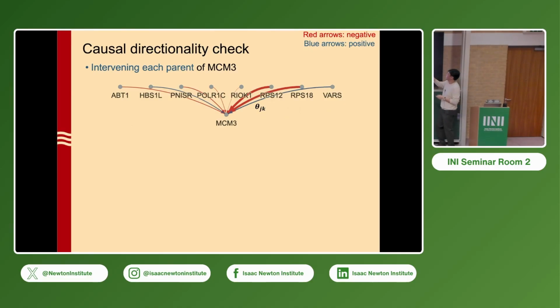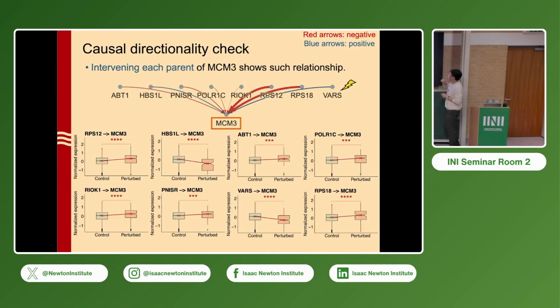As an example, we picked one gene and collected all the parent nodes. Here the edge color represents the sign, and the width corresponds to the coefficient magnitude. We took a look at the expression level of this gene under the perturbation of each parent. For example, if we intervene on this gene, you can see that the expression level of this child node decreases, meaning that the intervention effect is negative.